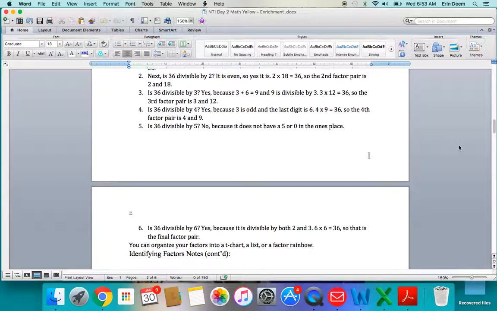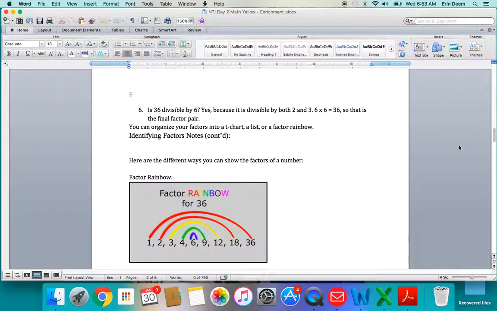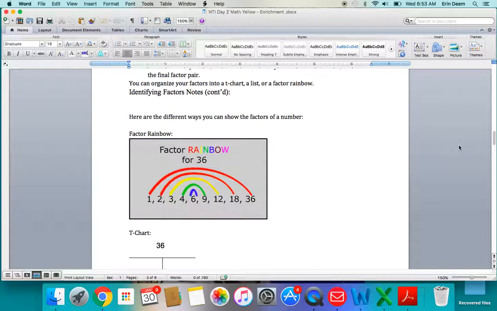You can organize your factors into a T-chart, a list, or a factor rainbow. Here are the different ways you can show the factors of a number. Factor rainbow for 36: 1, 2, 3, 4, 6, 9, 12, 18, 36.